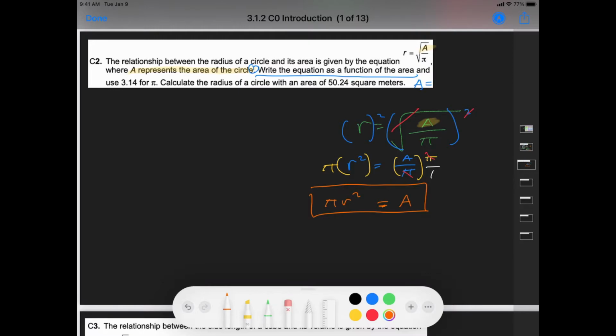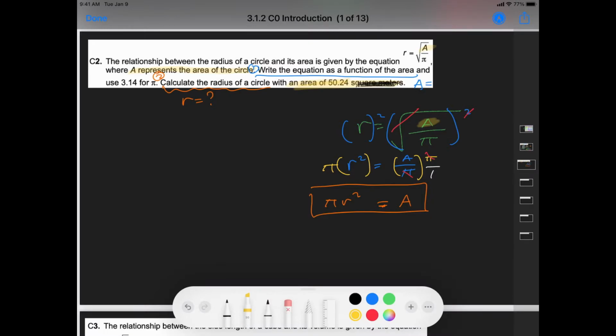Okay. Second thing, calculate the radius of a circle. So, calculate means what is the radius? With an area, okay, I got something, A for area, is 50.24 square meters. Okay, don't worry about the square meters. Let's see if I can just cross that off. Don't worry about the square meters, okay?